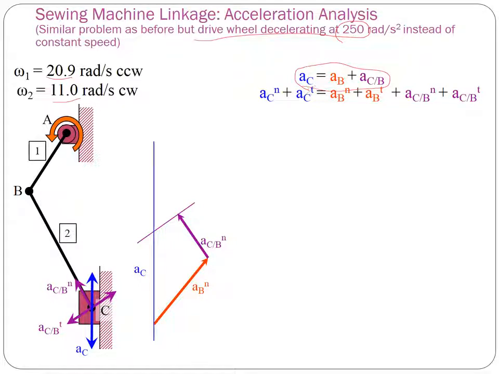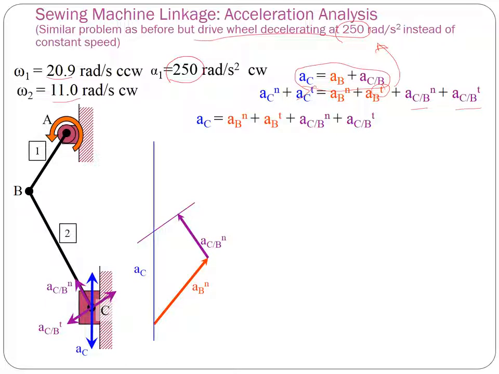Again, I think this is 0. So ABN plus ABT. Now ABT exists. Why? Because there's an acceleration on the driving wheel. And then of course we keep the ACT, ACBN and ACBT. Then we can further reduce this. Oh sorry, this is basically the deceleration of the drive wheel.